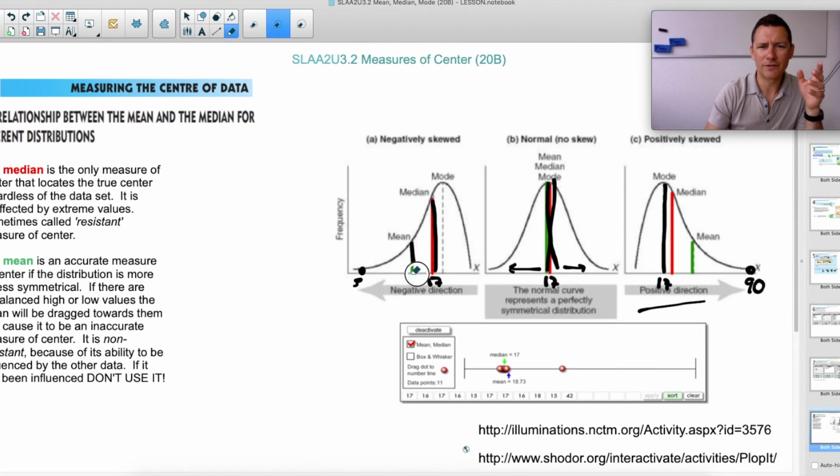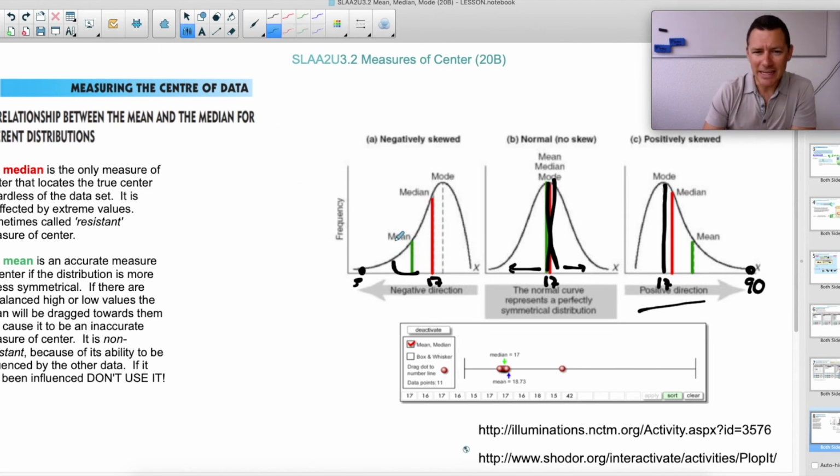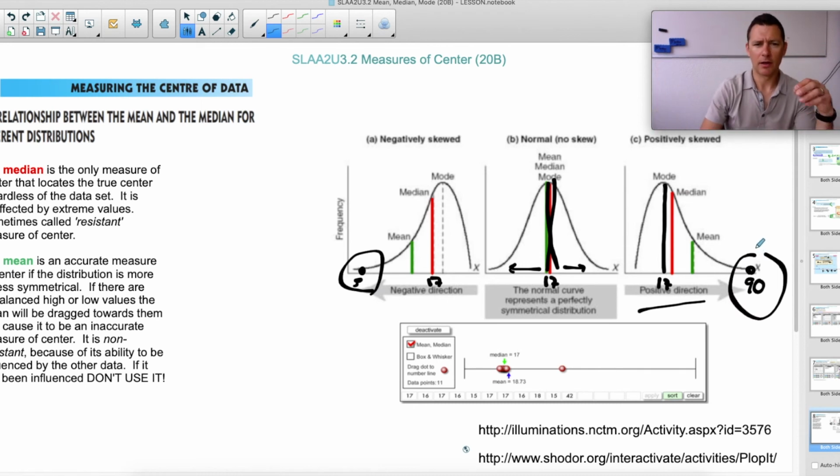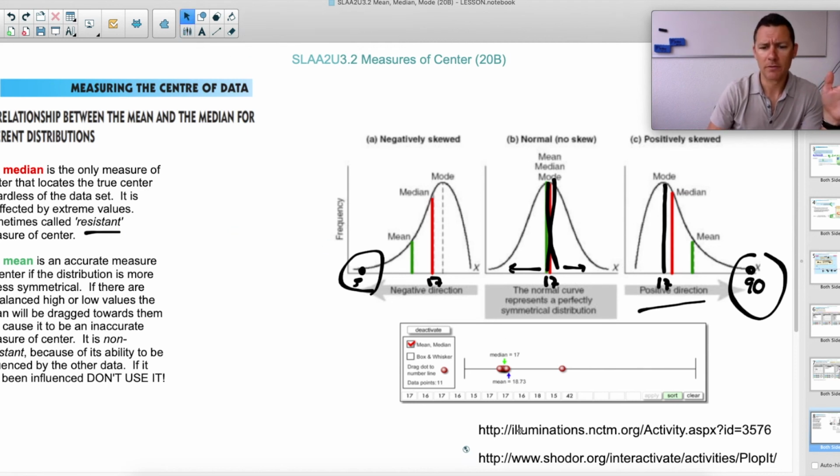I know that we always feel like the mean should be the middle, but it feels the most skew based on these outlying data. Maybe they're not outliers, but the mean moves the most, and the median really doesn't move as much. We call it resistant, and often the median gets overlooked as the best measure of center.